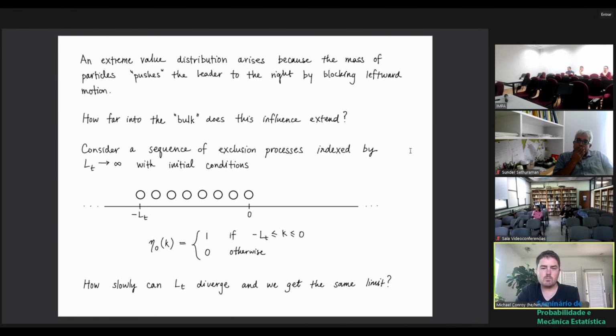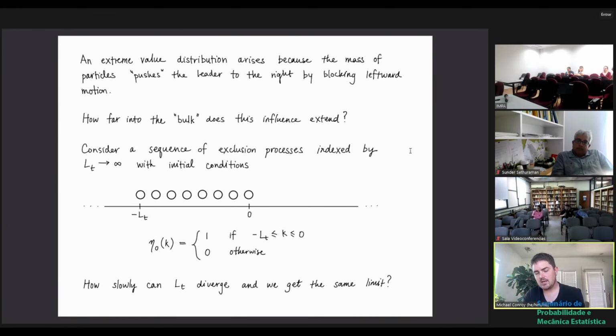An intuition for why an extreme value distribution arises in a system is that we can think of this mass of particles to the left of the origin as pushing the leader to the right through a mechanism of blocking leftward motion. So we thought about how to probe the influence: how far does this influence extend to the left?